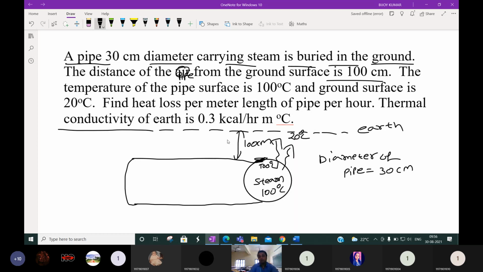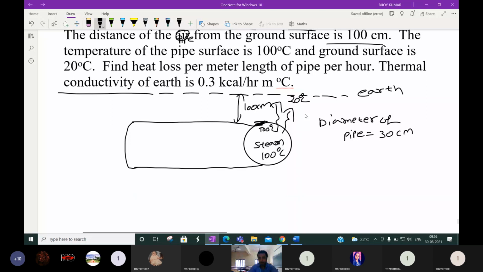So it is asked to find the heat loss per meter length per hour.